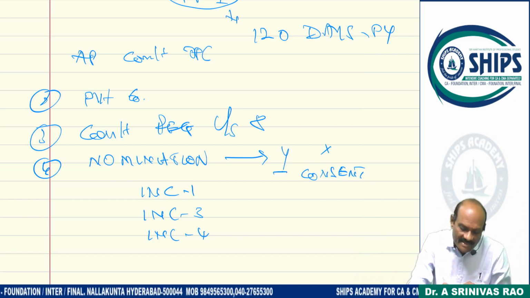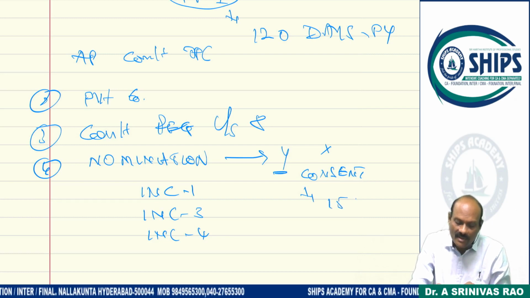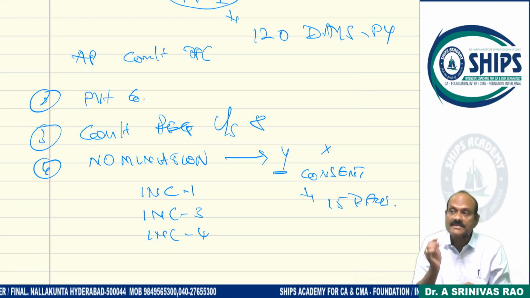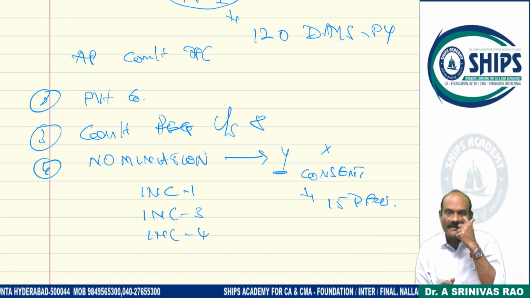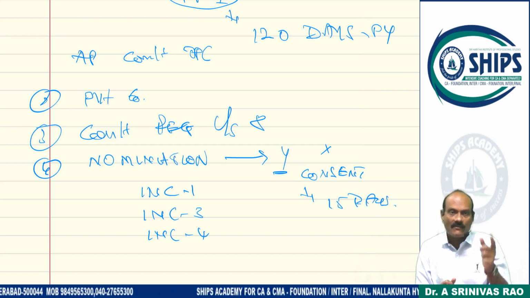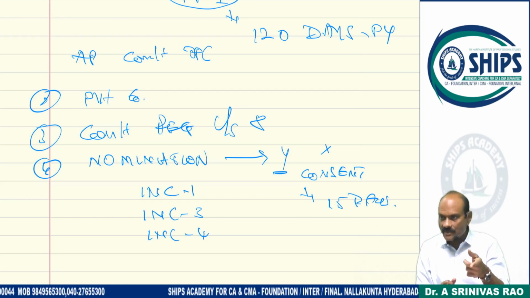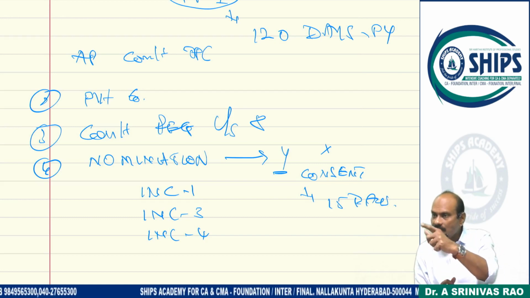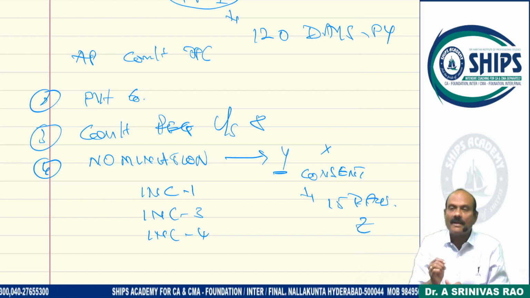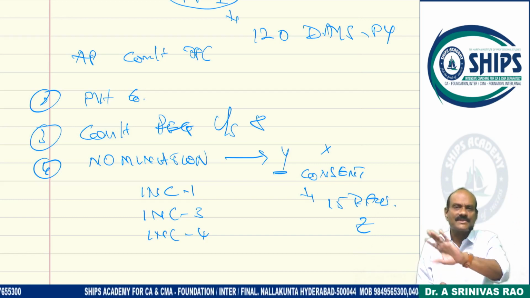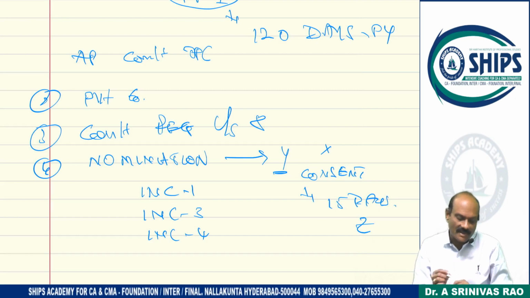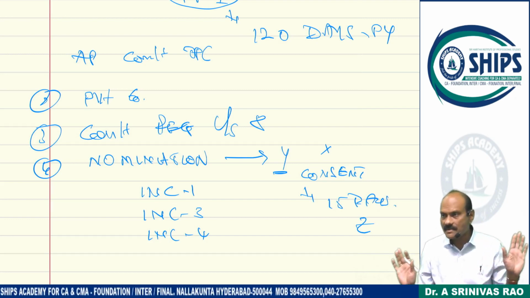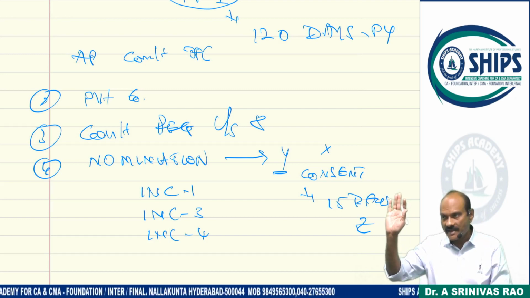Now, Y has to make a nomination within 15 days. Because you become the shareholder of a company, now nominee is compulsory. From the date you become the shareholder, within 15 days you have to refer Mr. Z as a nominee, or someone, whatever. Am I clear? Right. So nomination is must and should, and consent has to be obtained.